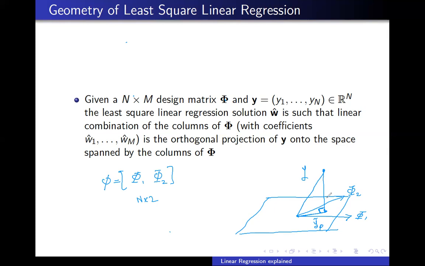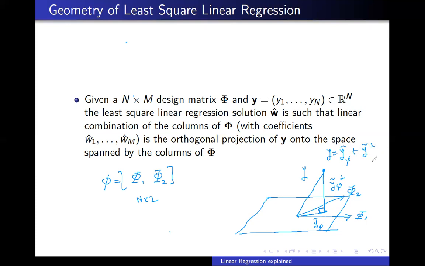So this is the closest vector to y that lies within the space spanned by phi 1 and phi 2. The other component of y, let's call it tilde phi, is orthogonal to this. So any y you can write as a sum of the component which lies in the space spanned by the different columns of the design matrix, plus the component which is orthogonal to that.